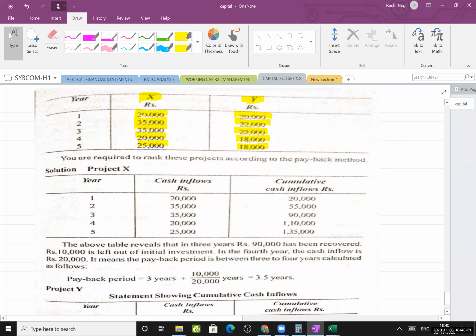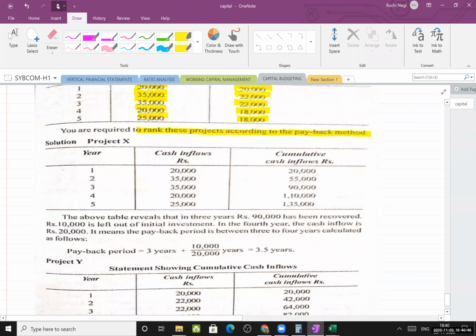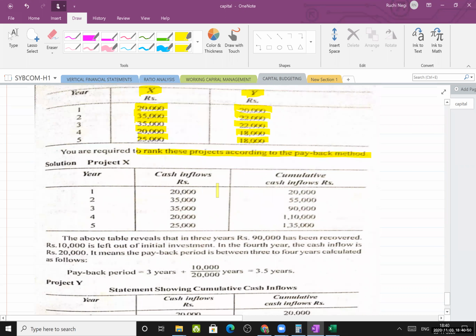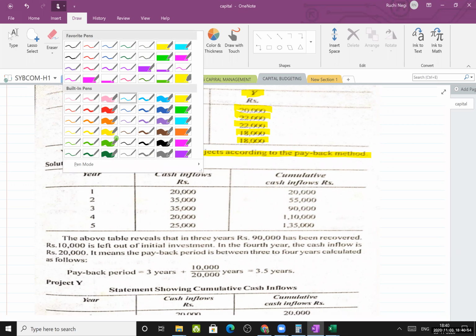You're required to rank these projects according to the payback method. So first we will solve for X. Project X: 20, 35, 35, 20, 25. तो हम इसको कैसे करेंगे?